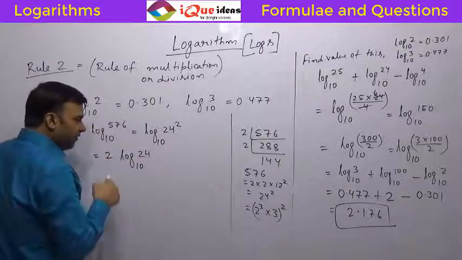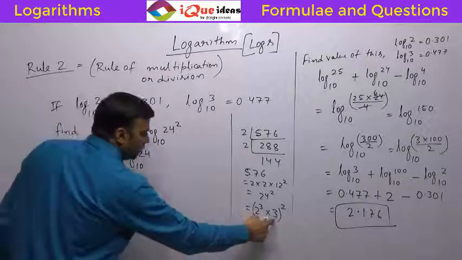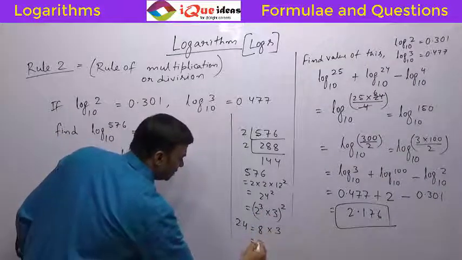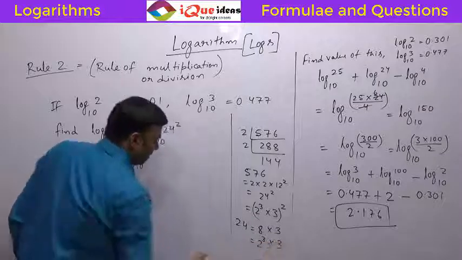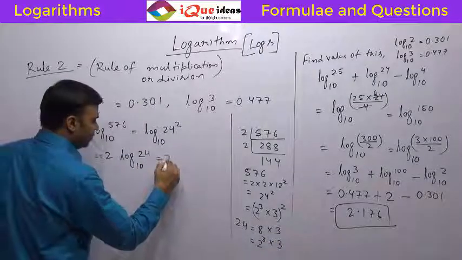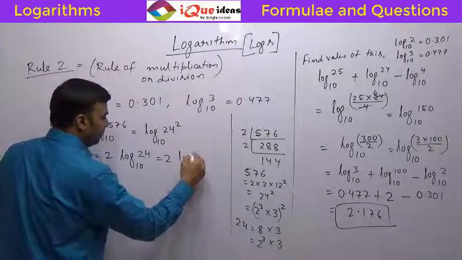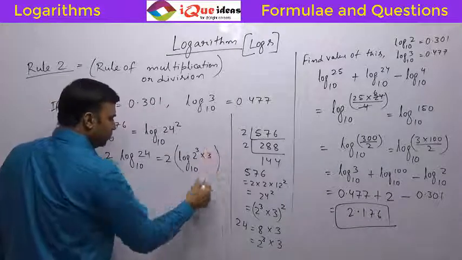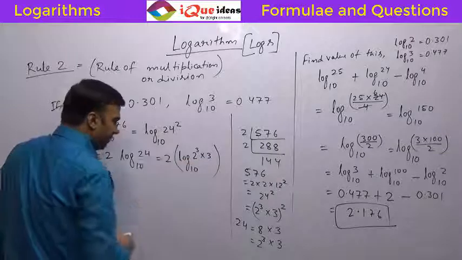Now this 24 is 8 into 3, which is eventually 2 cube into 3. So we can write it as 2 log of 2 cube into 3 to the base 10.